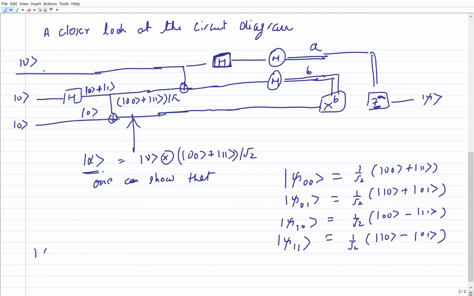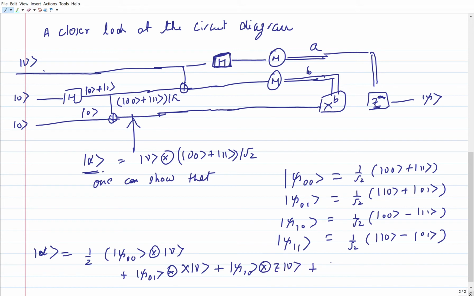Well, I would encourage you to try this yourself, but alpha can be written as, that's how I can write down alpha.